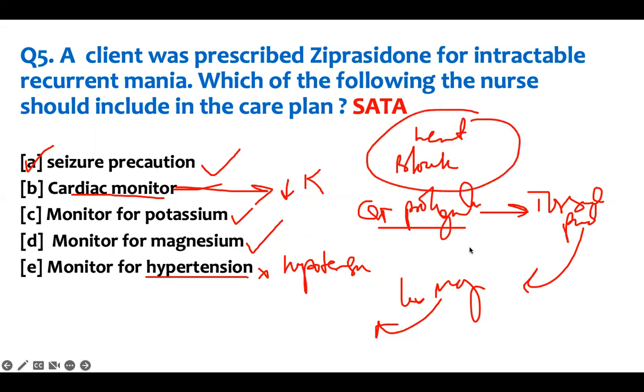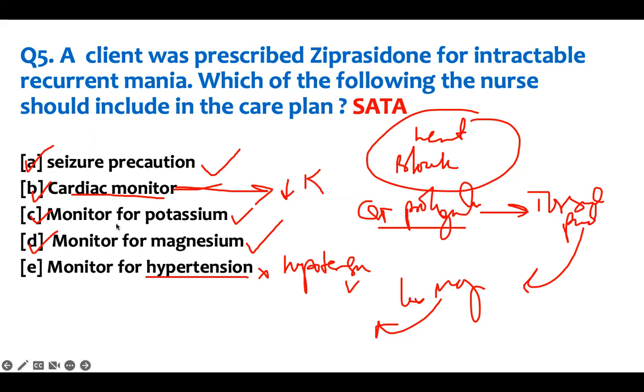And therefore, these medications, you watch for hypotension. That's why they have to be on cardiac monitor. The potassium is low, you have to be on cardiac monitor. Magnesium, you got to monitor it, seizure precaution. So this medication is dangerous, but we use it all the time. So it's very important to know everything about it. So which of the following we should include in our care plan? Seizure precaution, cardiac monitoring, potassium, and then monitor for their magnesium.